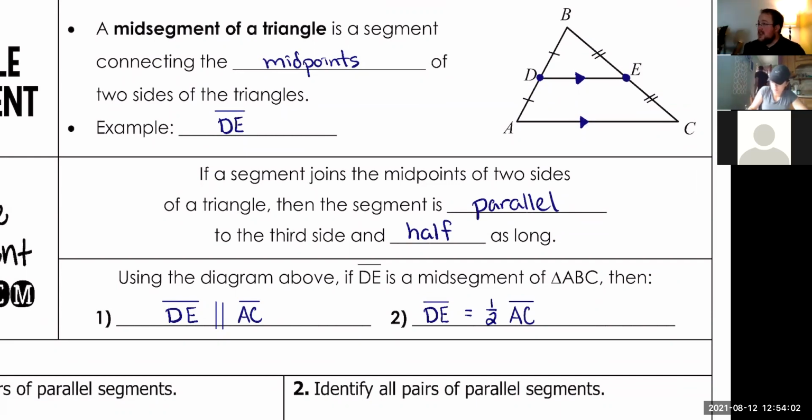But if I wanted to think of that in reverse, I could also say that AC, which is the third side, is just double segment DE. So that's the same relationship, just described from two different perspectives. DE is half the length of AC. AC is double the length of DE.